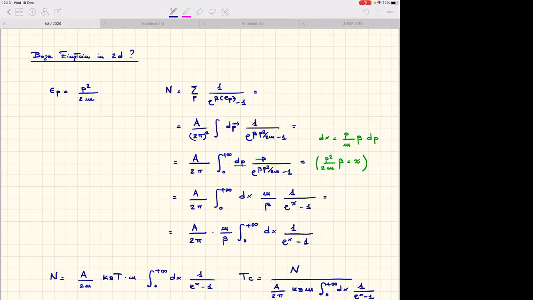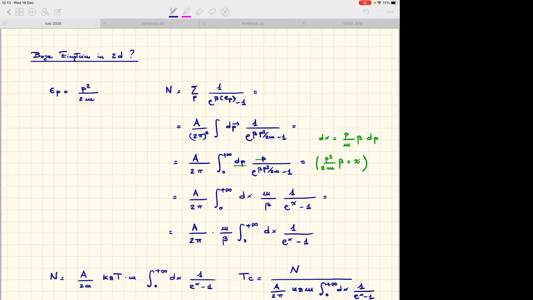So is Tc finite? No, I think. No. Why? Because of the integral. So is this integral finite or not? Is it convergent? Oh, no, it diverges. The integral is divergent, and therefore Tc is equal to 0 always.